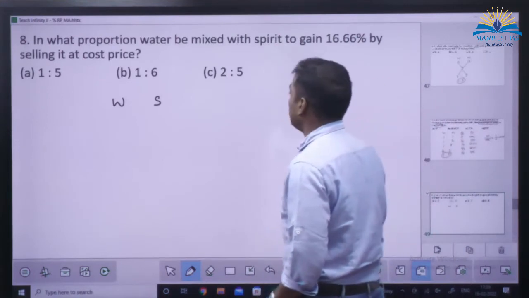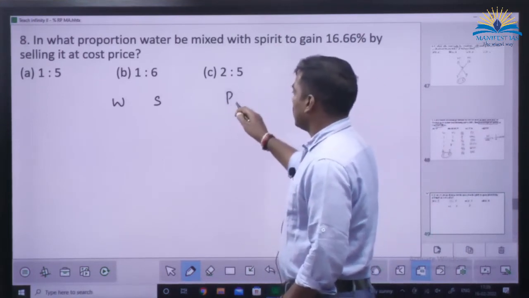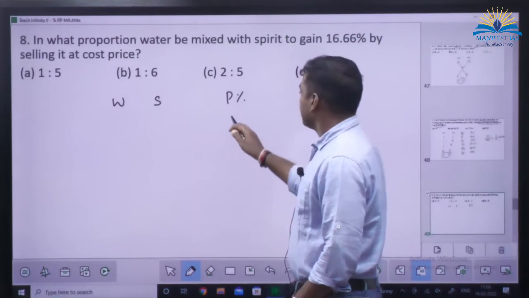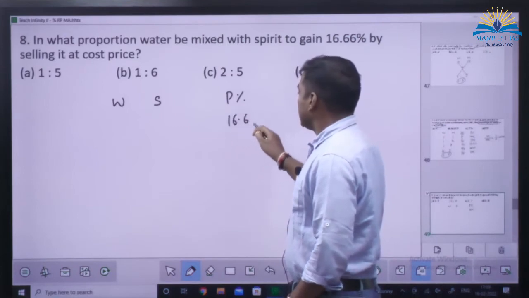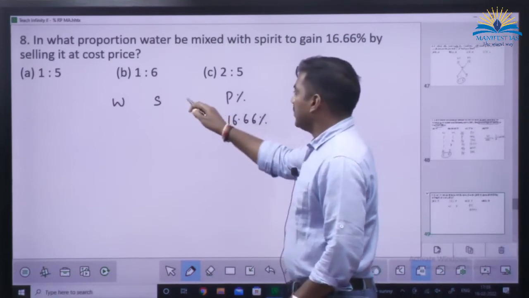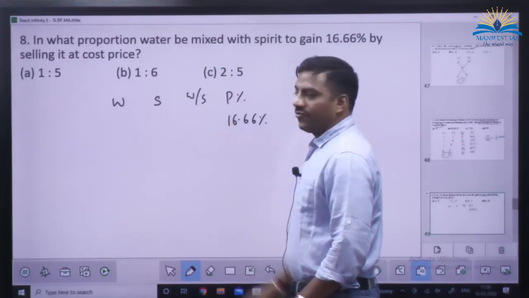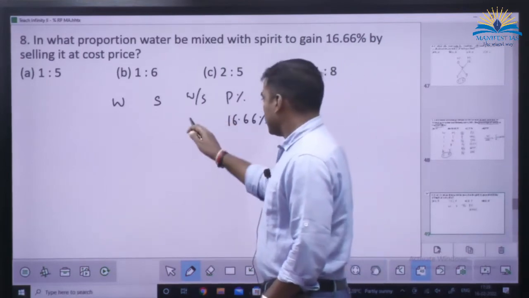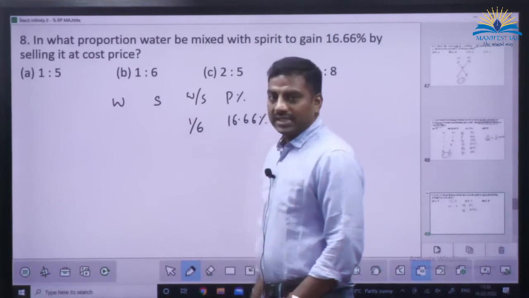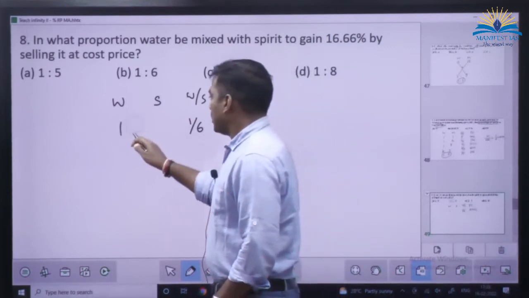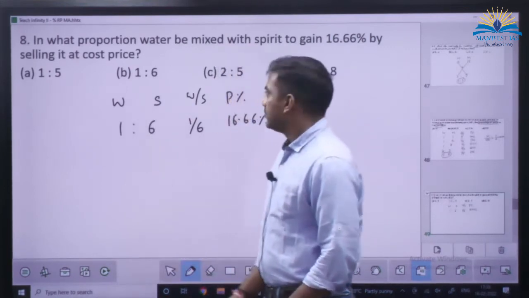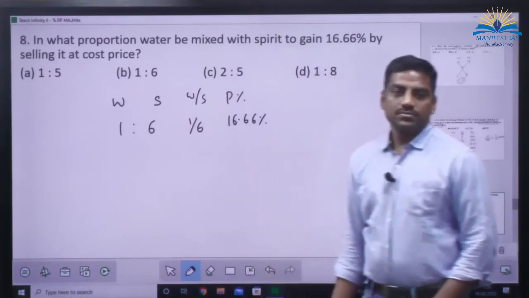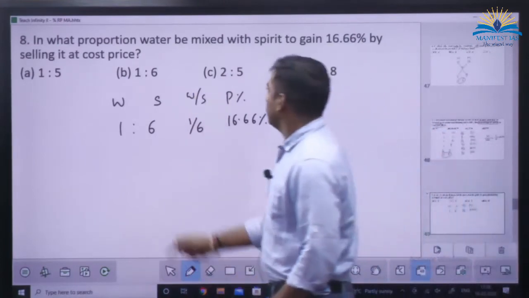We have to mix to gain how much profit percentage? 16.66%. So, what should be the fraction of W/S? 1/6. So, the ratio of this one? Simple.